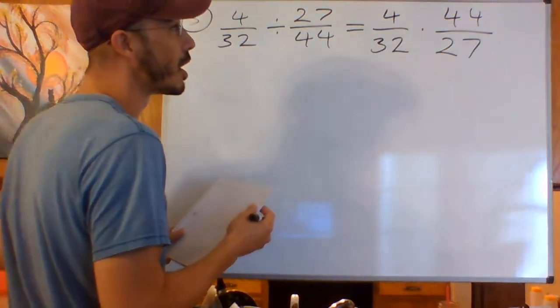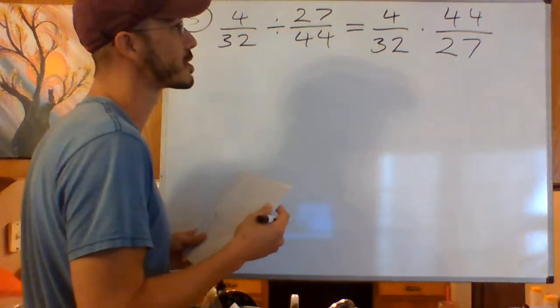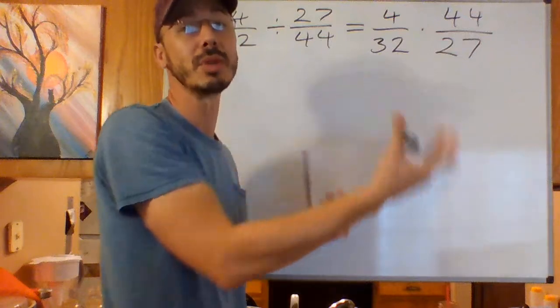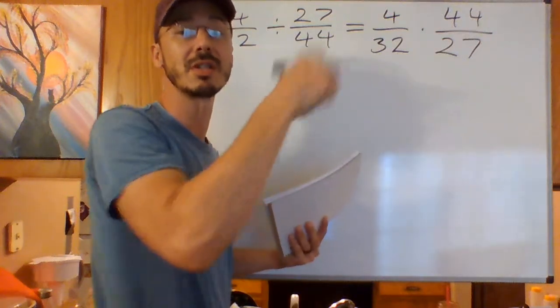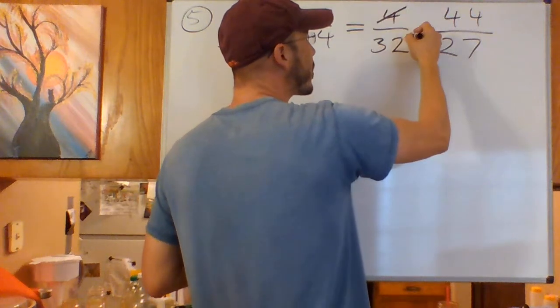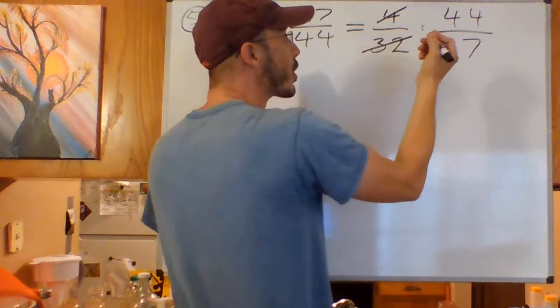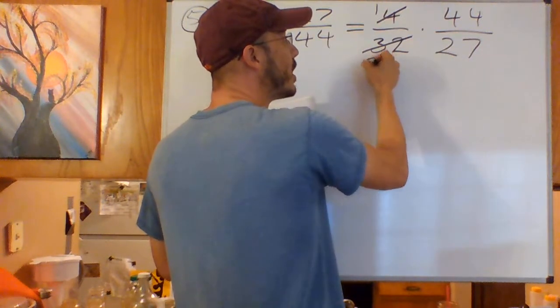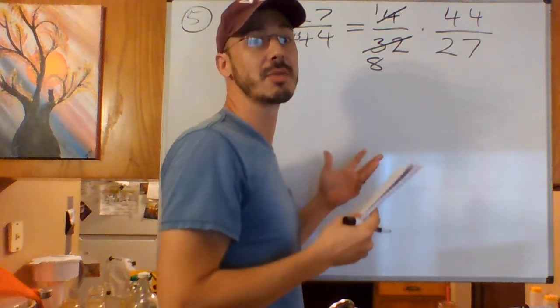Now here, I can see some common factors. I'm going to cancel them out here. I'll do a problem later where we completely factor into prime numbers and we can see all the cancellation. But here, 4 and 32 have a common factor of 4, leaving a 1 and an 8, because 8 times 4 is 32.